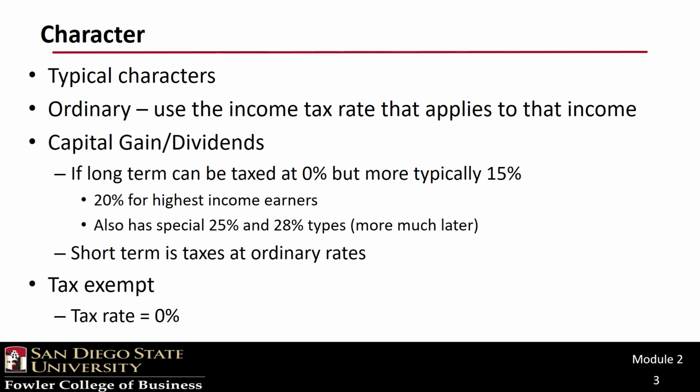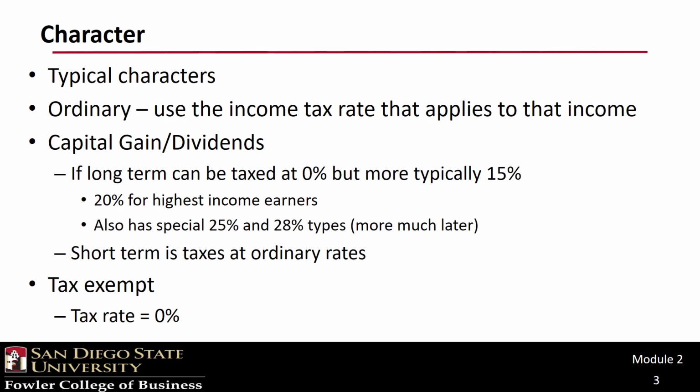Most income and deductions fall into the ordinary character. I guess the name makes sense. The sale of capital assets creates capital gains and losses, and this is special because long-term capital gains are taxed at preferential rates. Same as dividends, 15%, unless a high-income taxpayer, and then 20%.